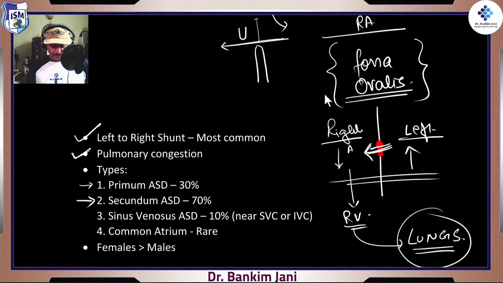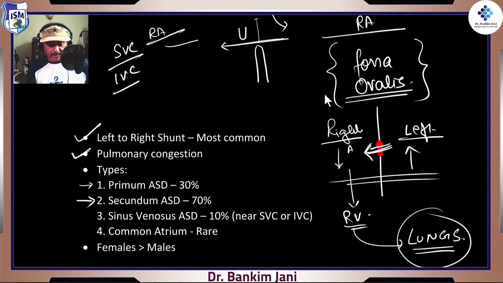Then if you remember in right atrium, right, superior vena cava opens, inferior vena cava opens, and then the sinus venosus also opens. So over there it can be sinus venosus ASD, but this is just 10%, right? It is near SVC or IVC. And in very rare cases, there is no septum.